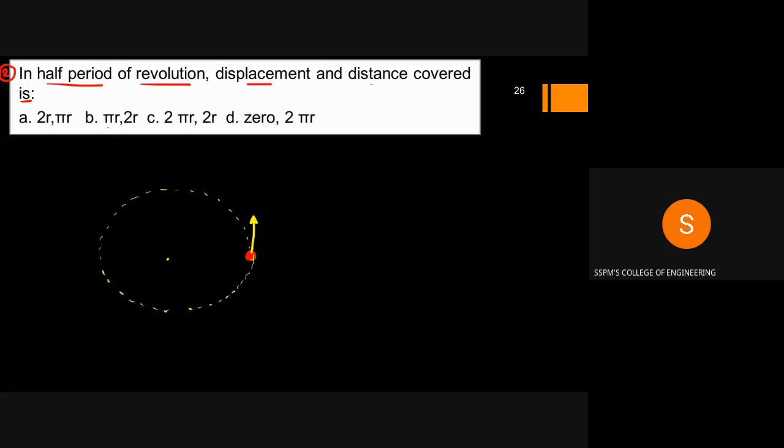So that is one revolution; in half revolution, the particle will travel just a semicircle. Suppose this is the initial position, so this is x0 and this is x1, and this is the radius r.